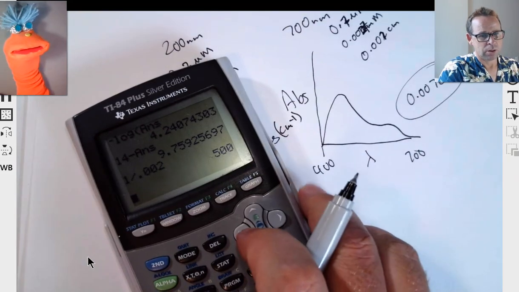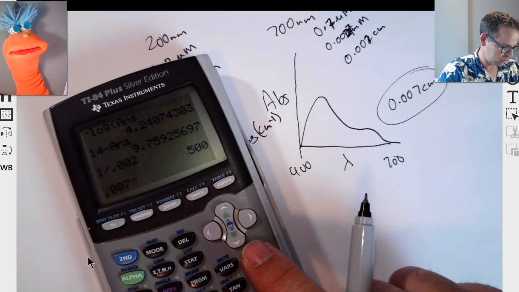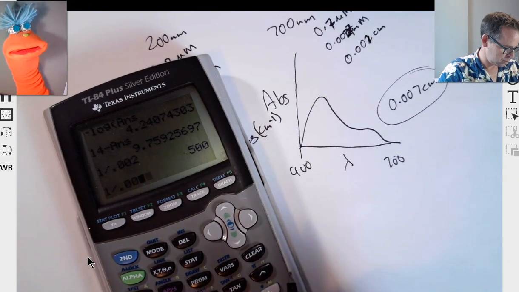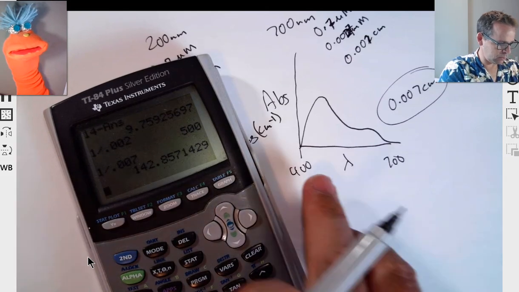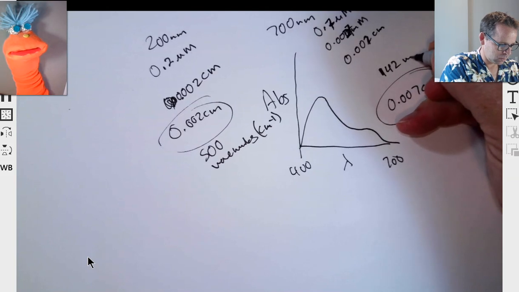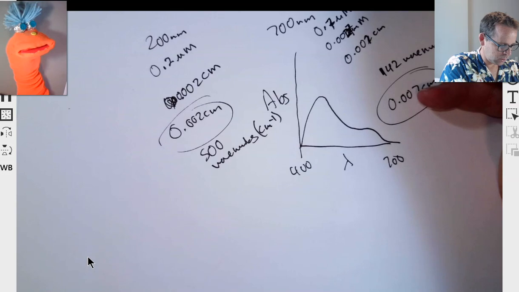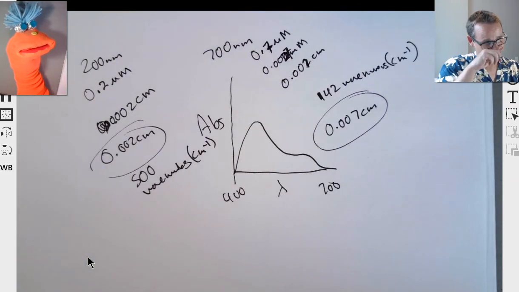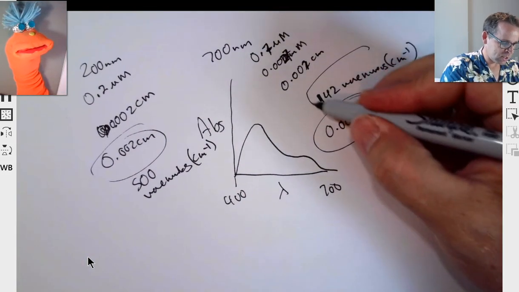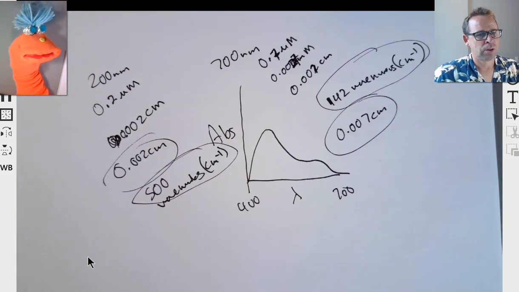And for 0.0007, about 1,428 wave numbers in units of centimeters to the -1. So what's higher in energy? 5,000 wave numbers is higher in energy.